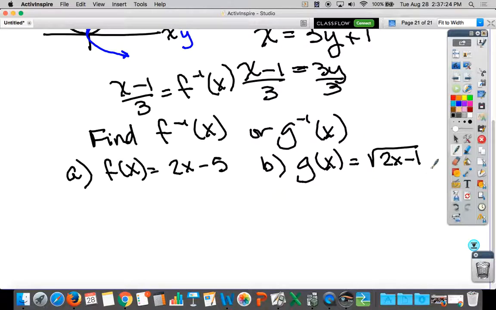No, you do not. That's only if I'm asking for domain. We will do domain and range of the inverses, but we'll talk about that tomorrow.